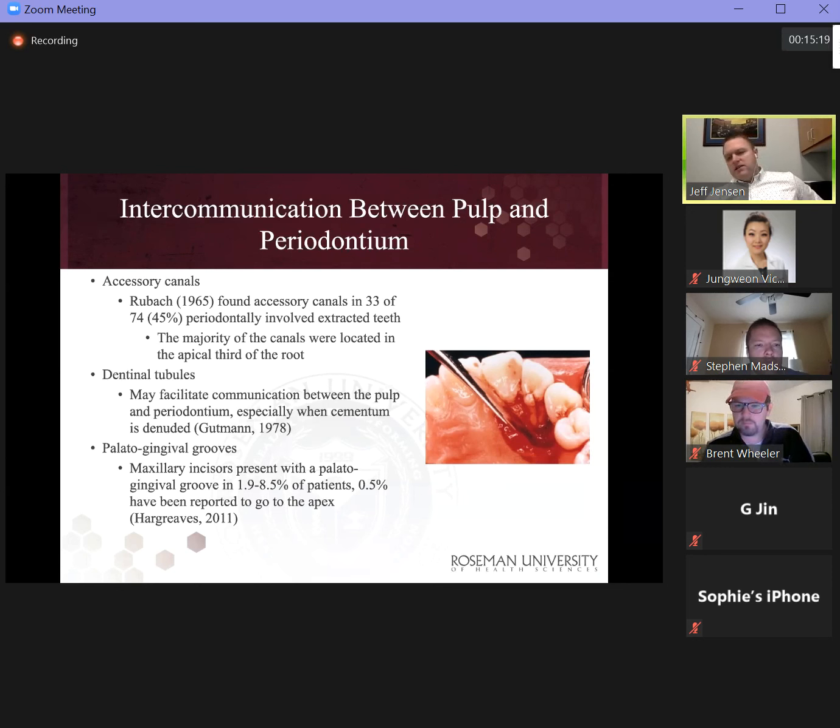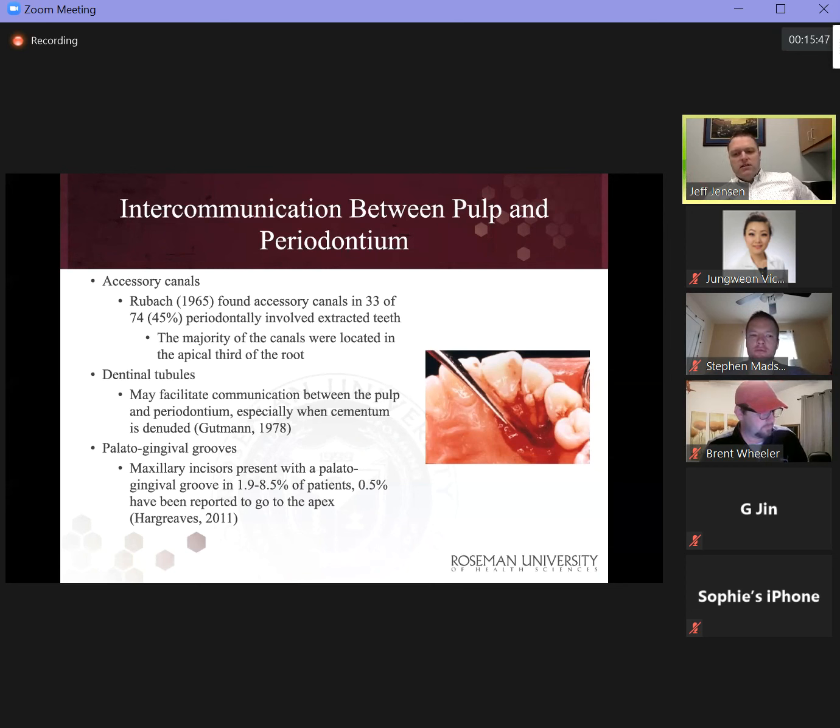So that's a groove in the enamel and cementum and dentin that runs apically and may actually go to the apex. So this is something, if you look for it, you may see on some of your patients where they've got these grooves. Most commonly you see it on a lateral incisor on the maxilla. And you'll see that groove running down the root of the tooth.